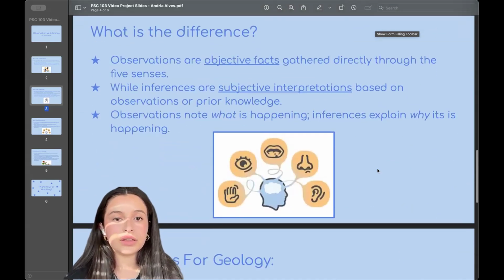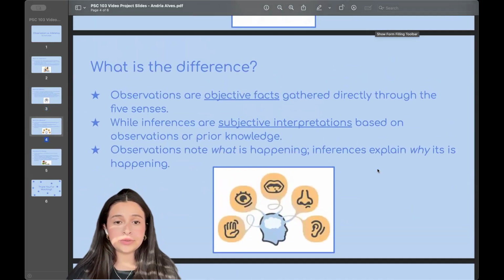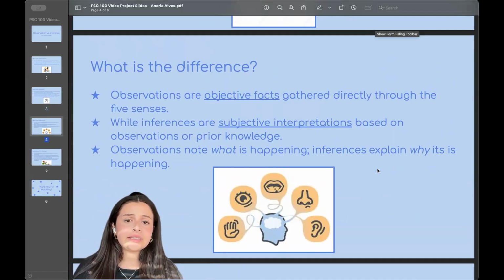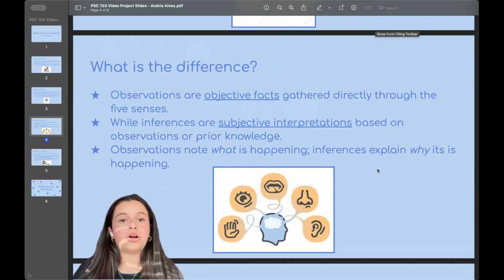What is the difference between these two? Observations are objective facts gathered directly through your five senses, which is your touch, your sight, your taste, your smell, and your hearing, while inferences are subjective interpretations based on observations or prior knowledge.